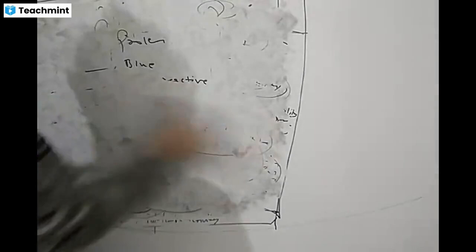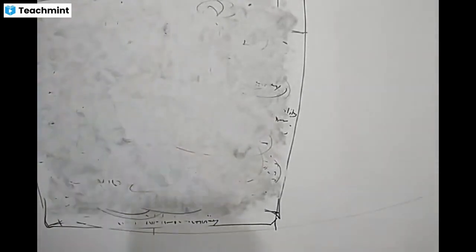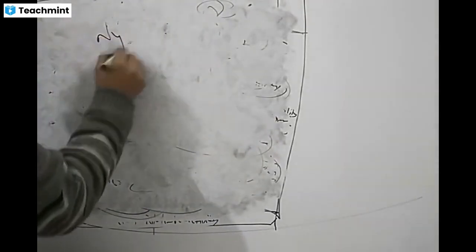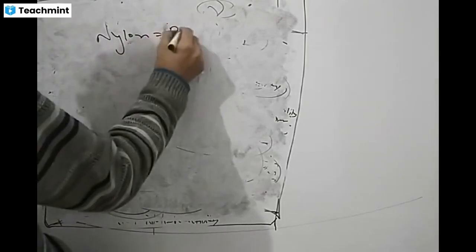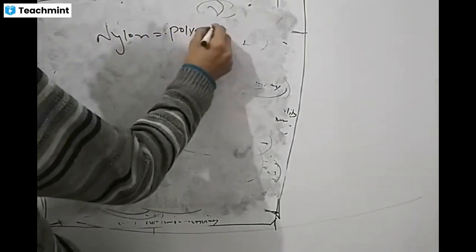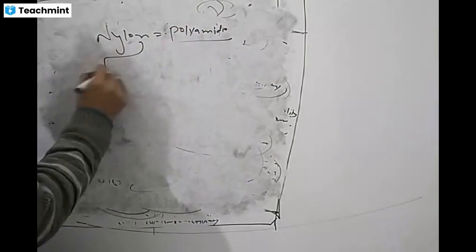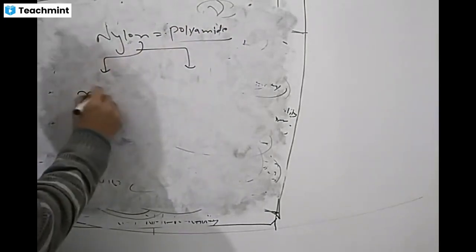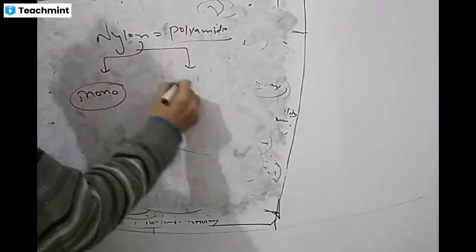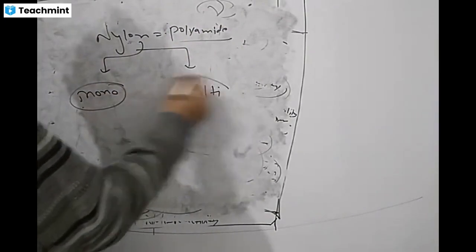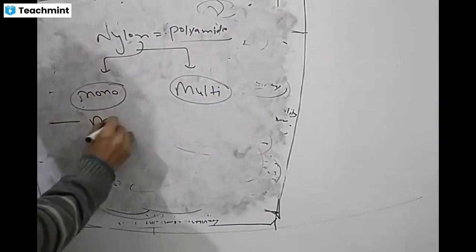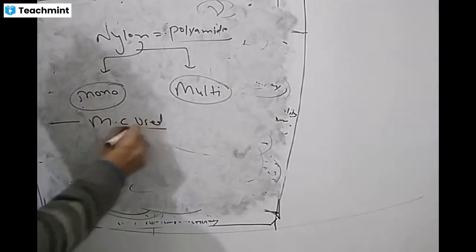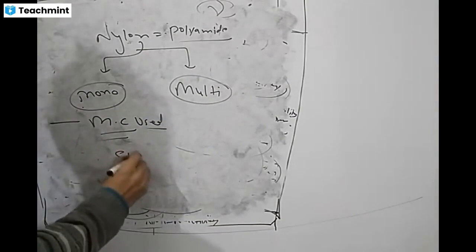And the last non-absorbable suture material is our nylon. That is nothing but your polyamide. It is available in two forms, monofilament or multifilament. But mono is more commonly used. Nylon is used for skin closure.